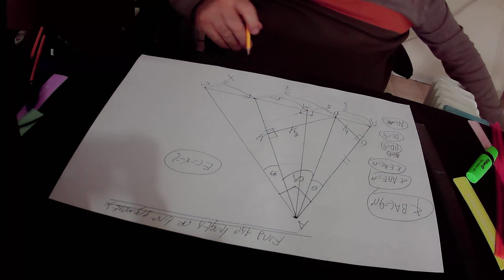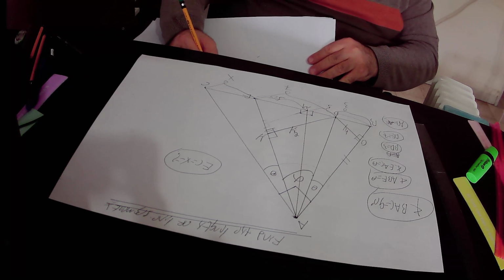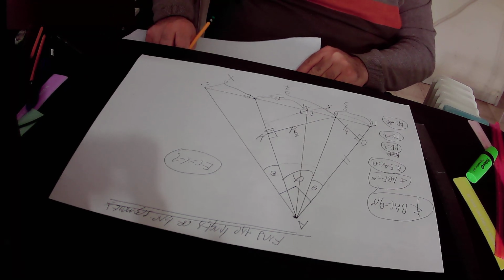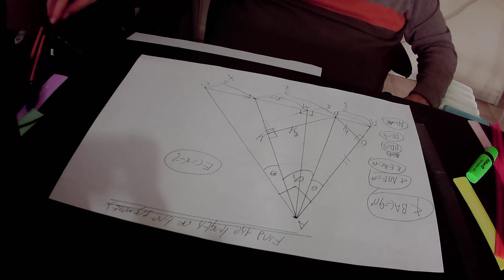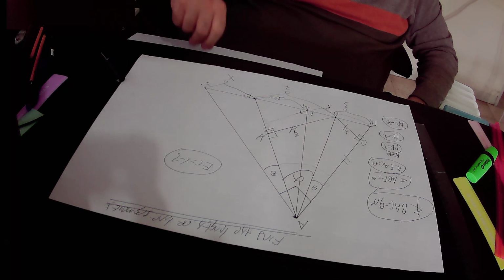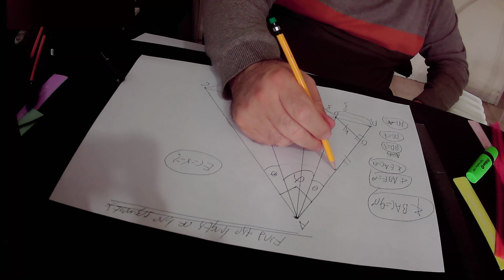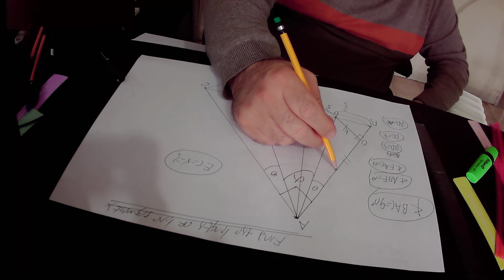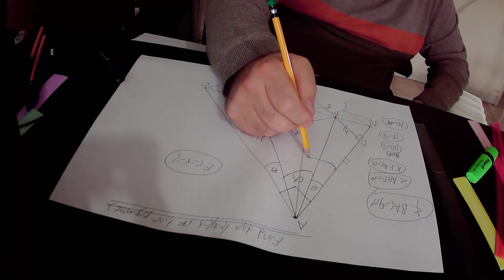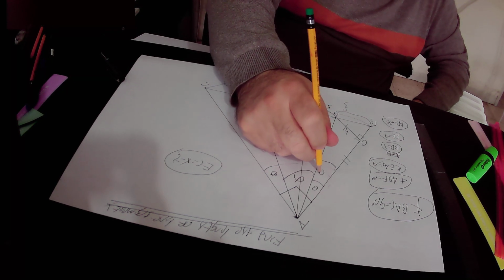So here we have angle BAE is equal to x. So this angle, BAM, that equals x, equals theta plus alpha over 2.